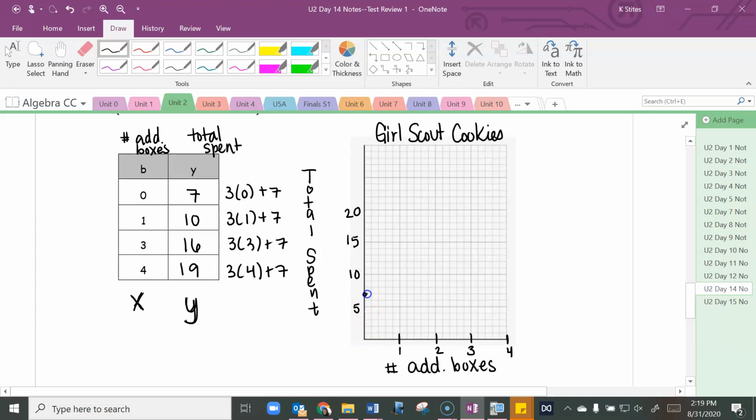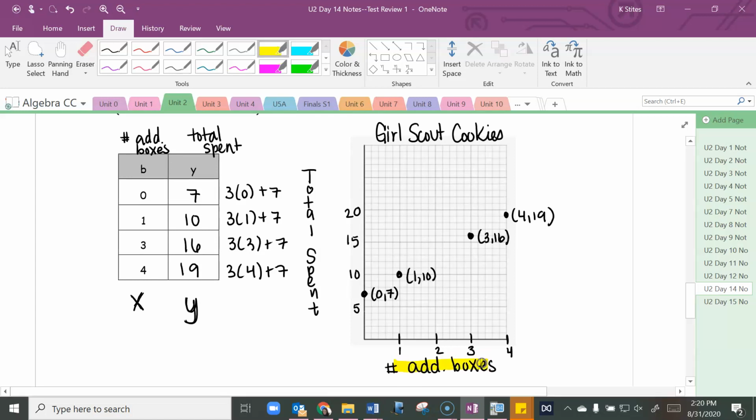So 0, 7 is right up here. 1, 10. 3, 16, that's going to be 1 over the 15. Notice I'm labeling these points, and then 4, 19, that's going to be right below 20. Okay, and we do not need to draw a line, we're just going to leave it just like this.